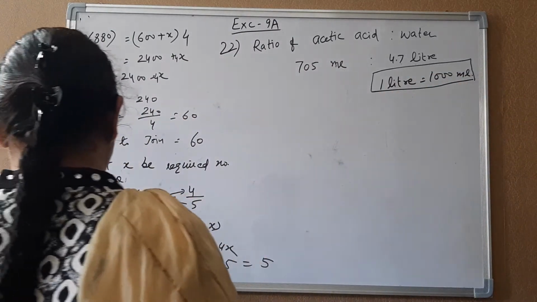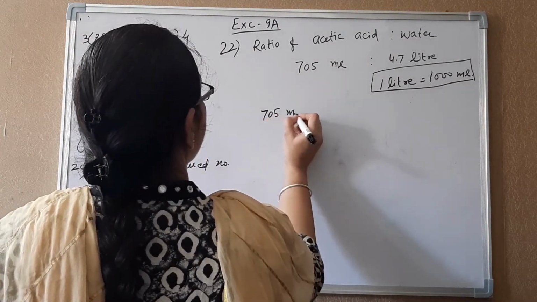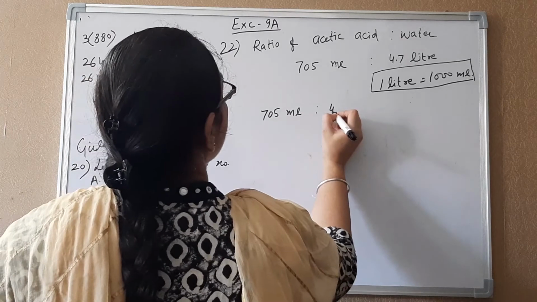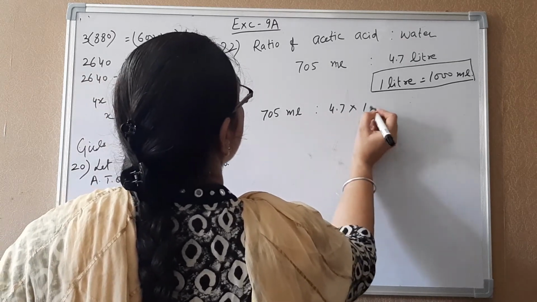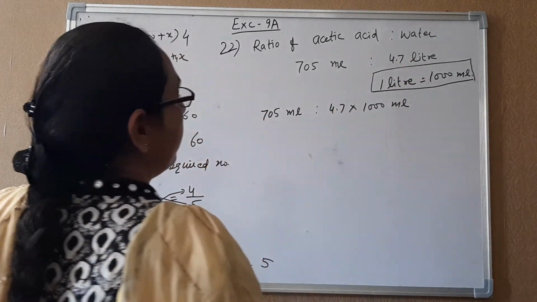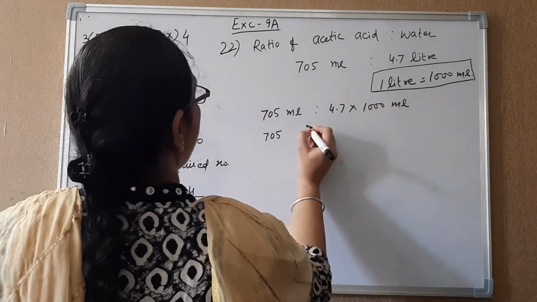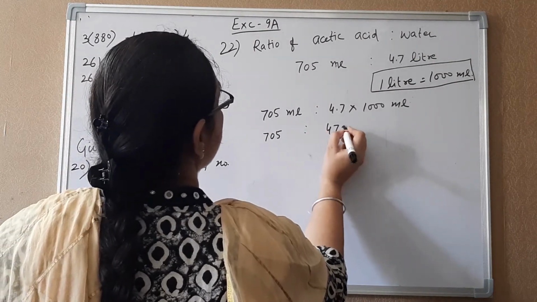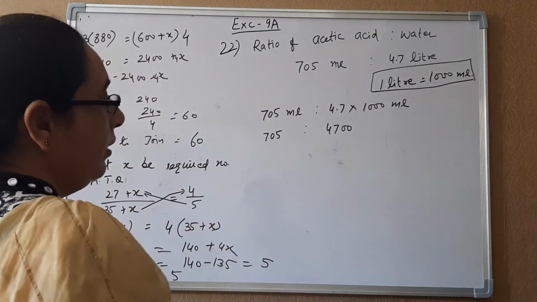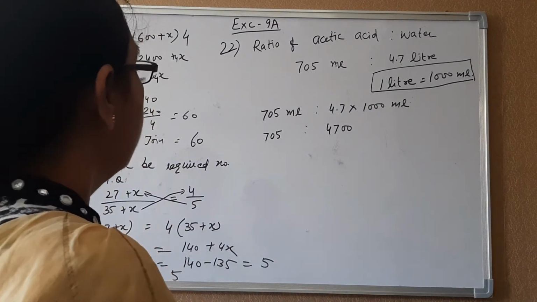Okay, I'm going to use this only. So 705 milliliter to the ratio 1000 liter. Instead of liter, I've written 1000 milliliter. So 705 ratio 4700. Now you can omit the units because they are the same.